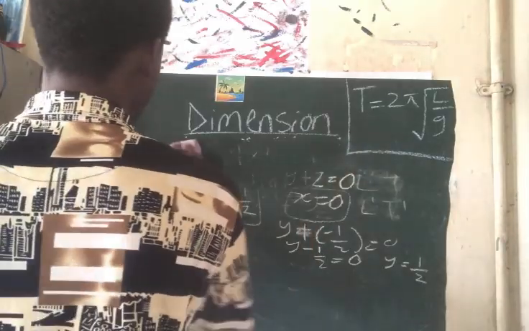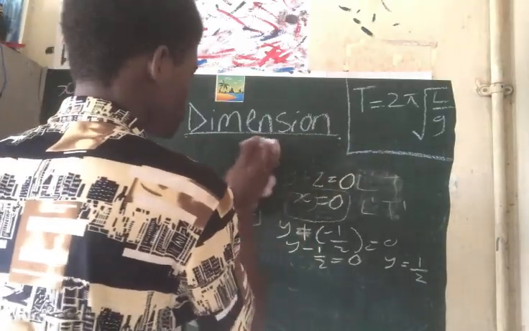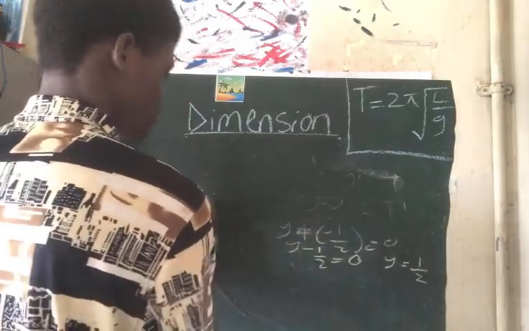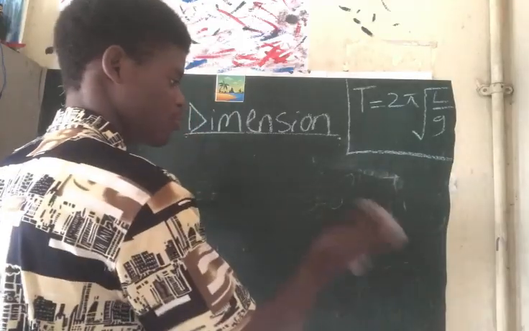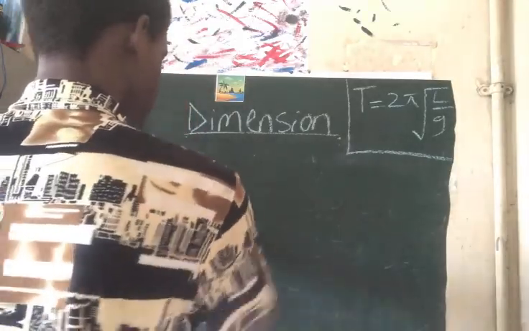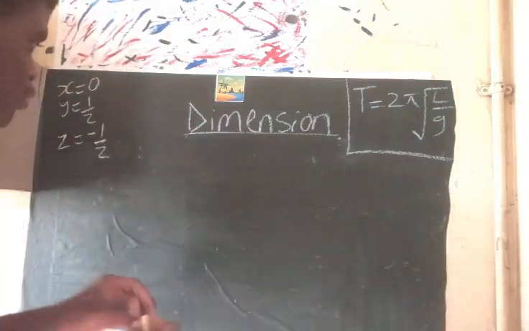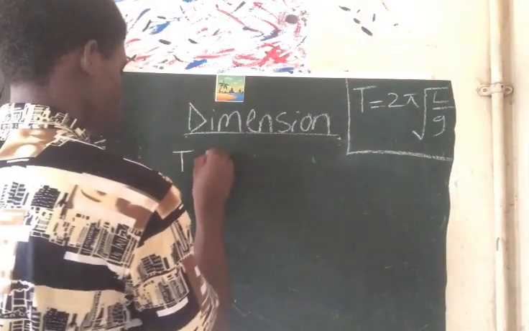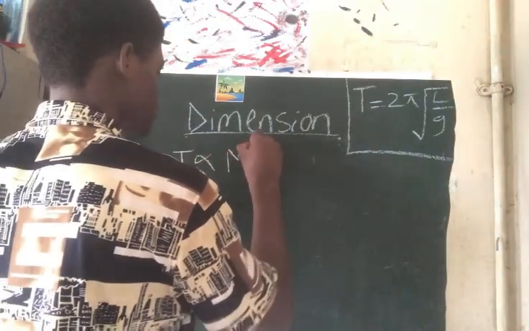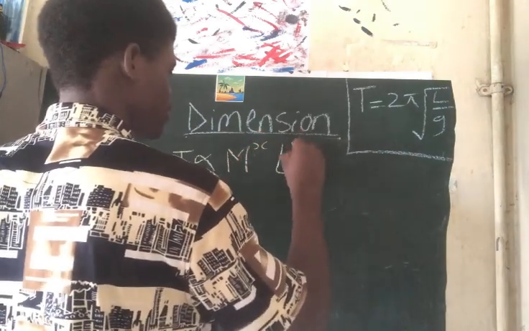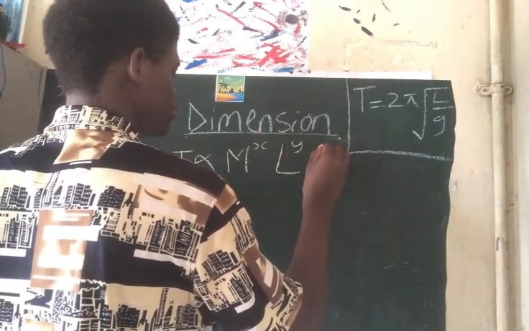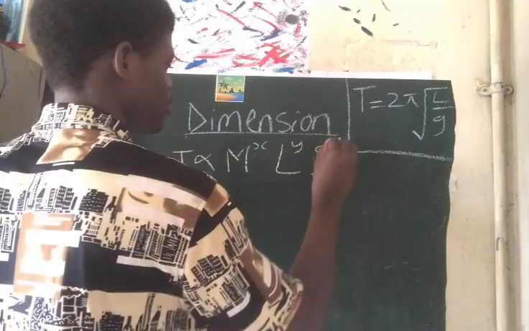Since we've gotten the values for x, y, and z, we've gotten the values of the exponents. You just have to impute it into this M raised to power x, L raised to power y, and g raised to power z, right?